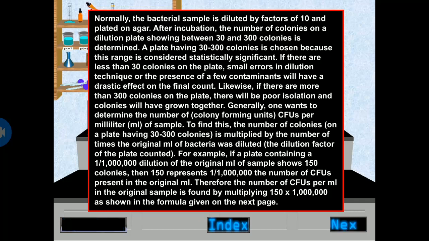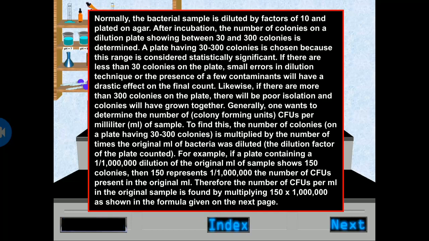The reason why plates having 30 to 300 colonies are chosen is because the range is considered statistically significant. If there are fewer than 30 colonies on the plate, small errors in dilution technique or the presence of a few contaminants will have a drastic effect on the final count.